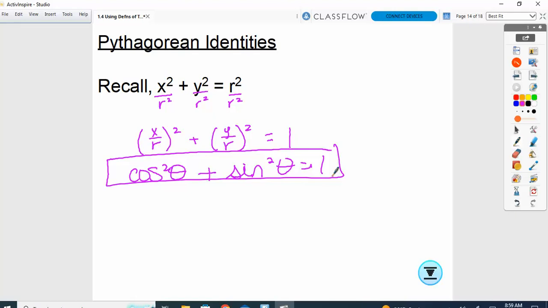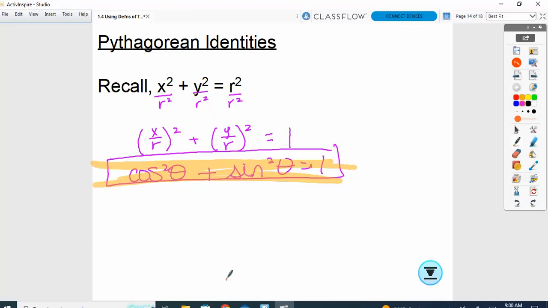It's a Pythagorean identity. There are 3 of these Pythagorean identities. This is the only one that I would ask you to use right now. I don't think the homework ever specifies that you have to do a problem this way. But if I did ask you to use a Pythagorean identity, this would be the one.